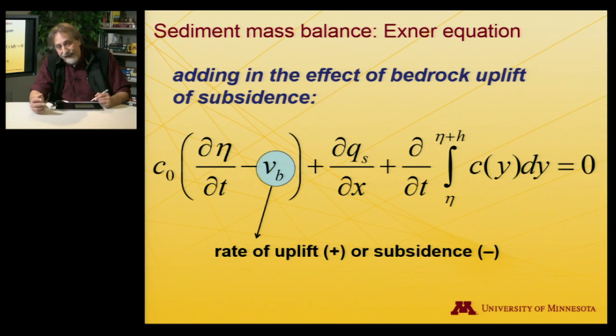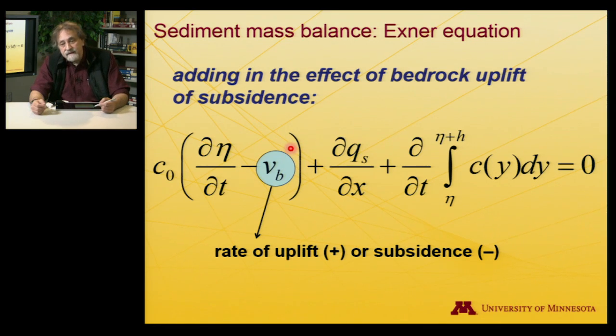In fact, adding back in possible changes in bedrock elevation involves nothing more than putting in an additional term that is paired with our rate of rise or fall of the sediment bed. The additional term refers to the rate of rise or fall of the bedrock itself. We denoted this as VB, the velocity in the y direction of the bedrock surface, and if it's positive, the bedrock is going up and we have uplift going on, and if it's negative, we have subsidence going on, and typically that would be associated with net deposition.